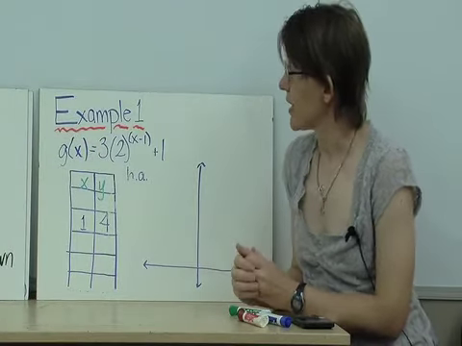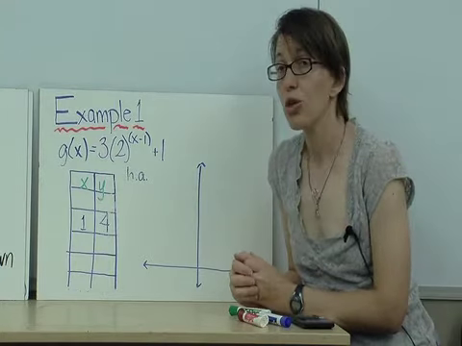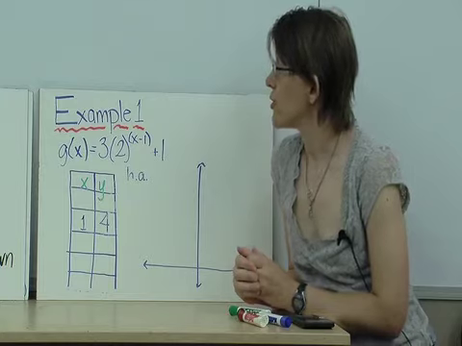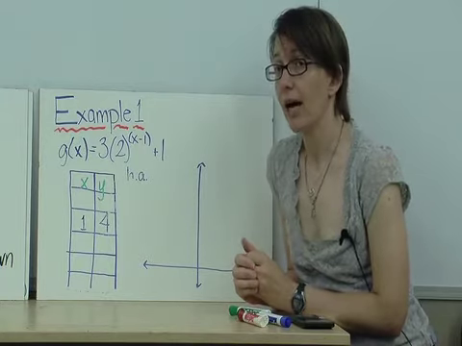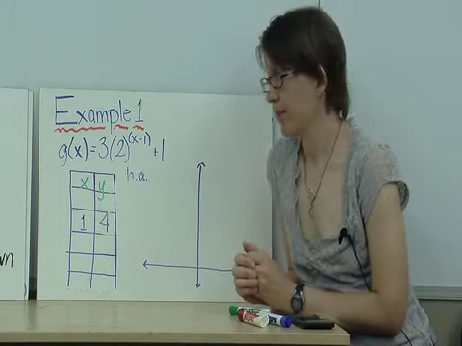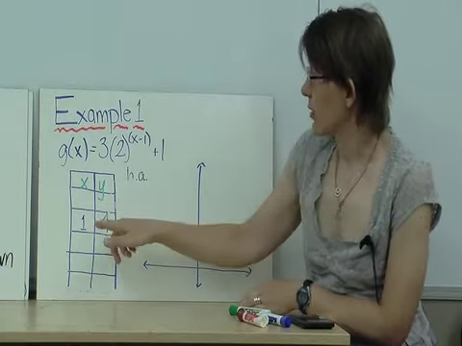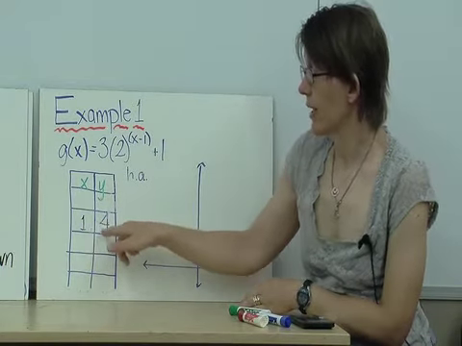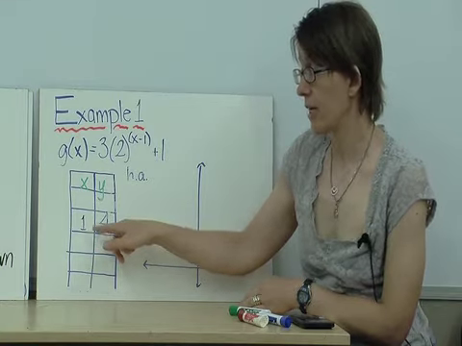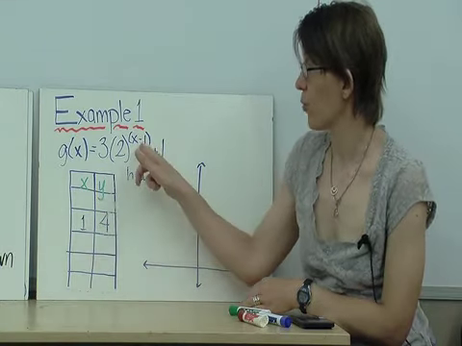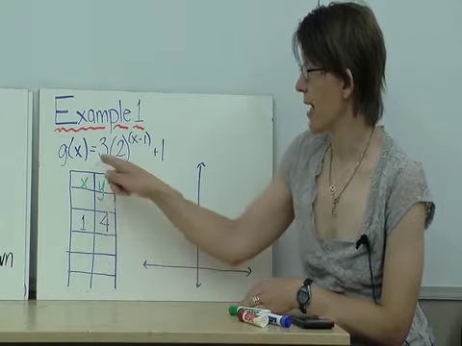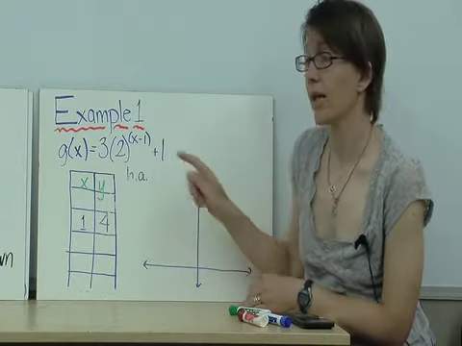Here's my function. g of x equals 3 times the quantity 2 to the x minus 1 power, plus 1. Now, my critical point is at (h, a plus k), and you can see that h is 1, and a plus k is 3 plus 1.